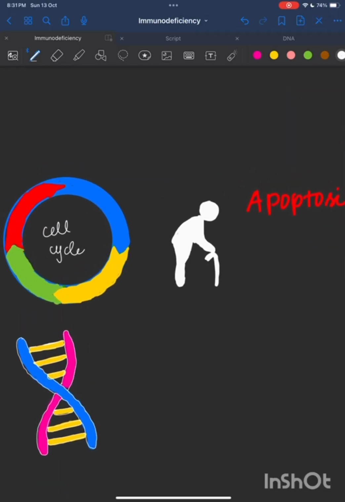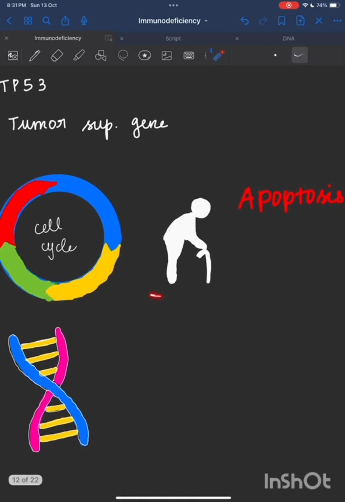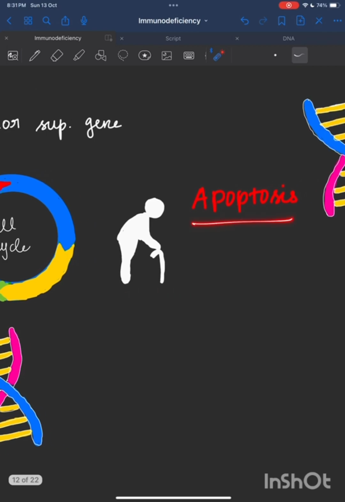We are going to discuss the TP53 gene. As we already know, it is a tumor suppressor gene. It regulates cell cycle proliferation, cellular senescence, apoptosis, and DNA damage and repair.